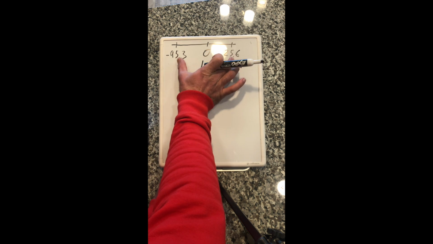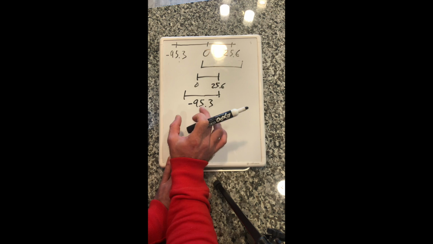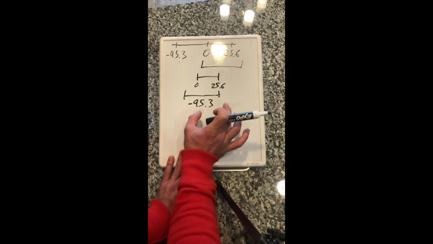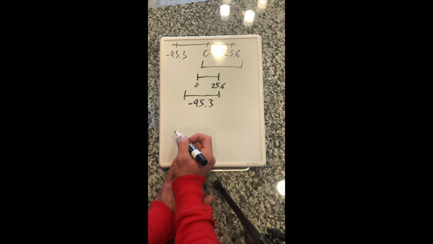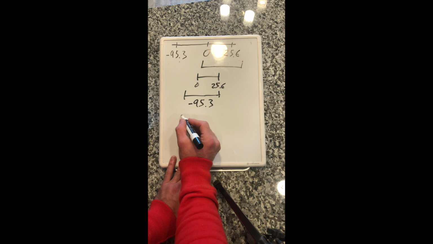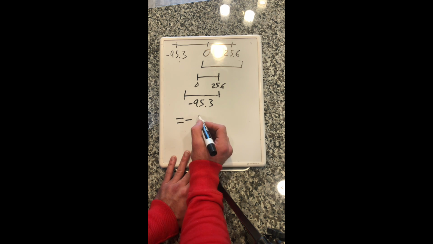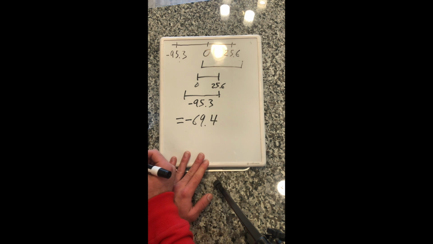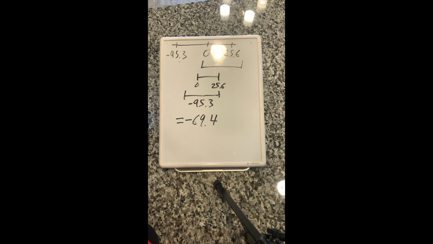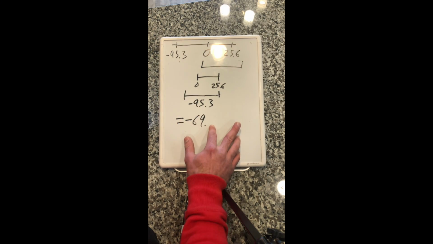Because the difference that I'm thinking of is different than the true difference, which is just combining these two values. And like I said, those two combined equaled negative 69.7.